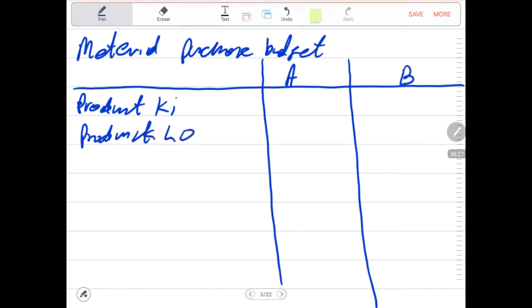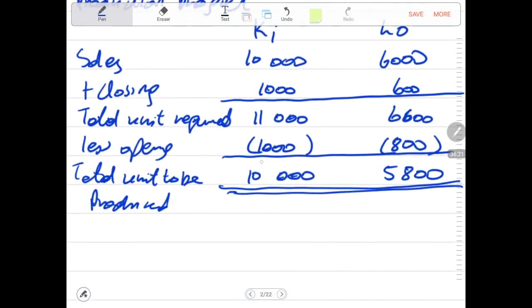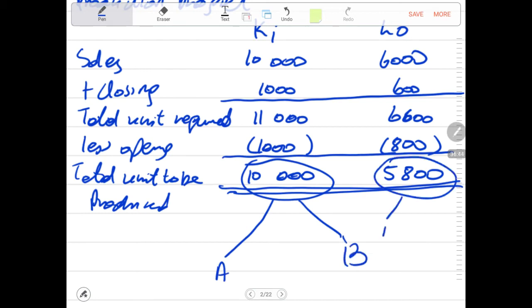We say now if we want to produce the 10,000 units of product KI, we know that these units require kgs of material A and material B. In other words, we are converting our units that we want to produce into kgs of the material.